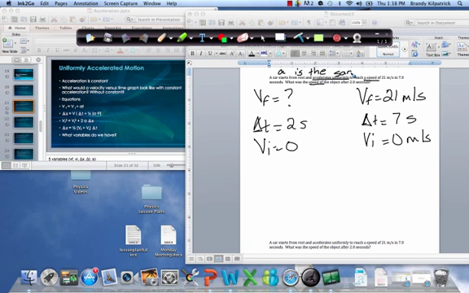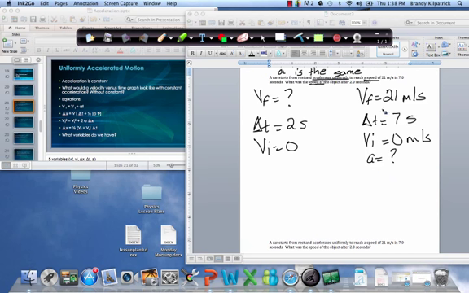So acceleration is the same throughout the entire movement of the car. So what we can do is solve for acceleration here because acceleration should be equal at 2 seconds. So we need to solve for acceleration first. Sometimes you will have problems where you actually have to solve for one variable to get another. So this one is a little bit trickier.